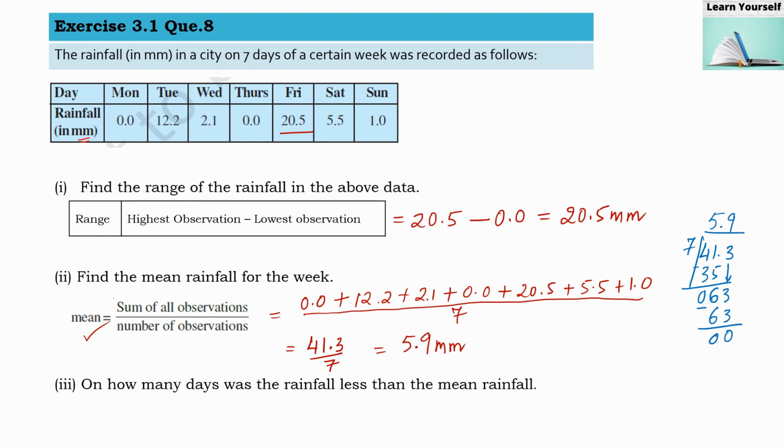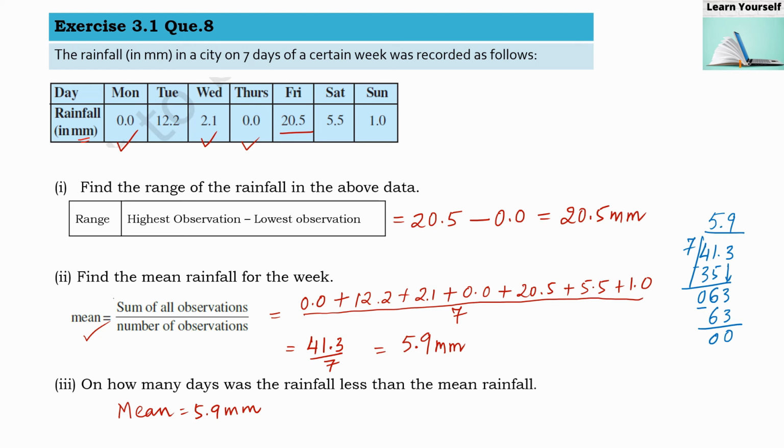Third question is, on how many days was the rainfall less than the mean rainfall? Our mean is 5.9 mm. So how many days was the rainfall lesser than this? Monday, yes, it was less. Tuesday, no. Wednesday, yes. Thursday, it was less.